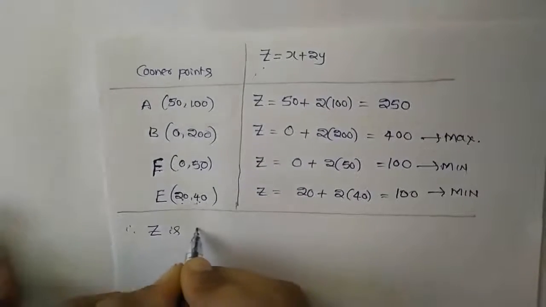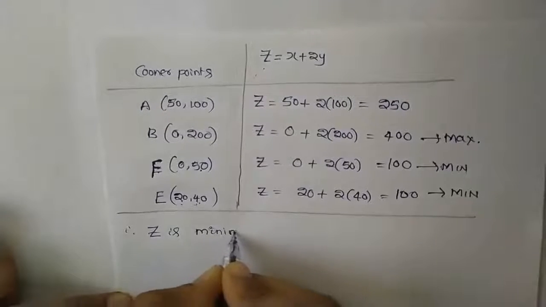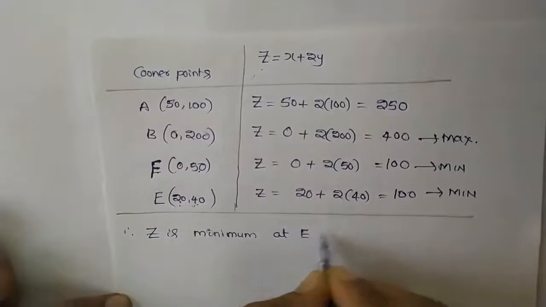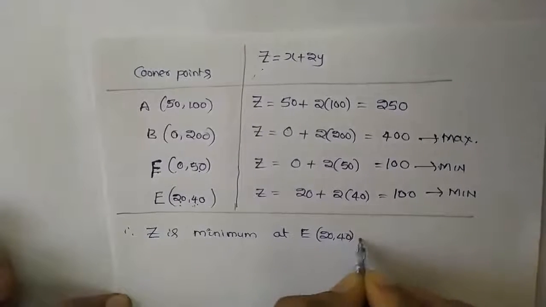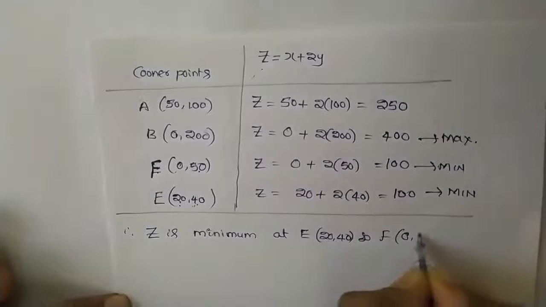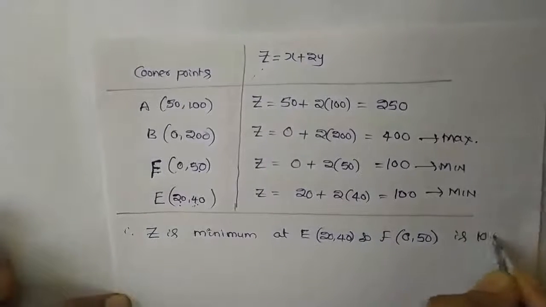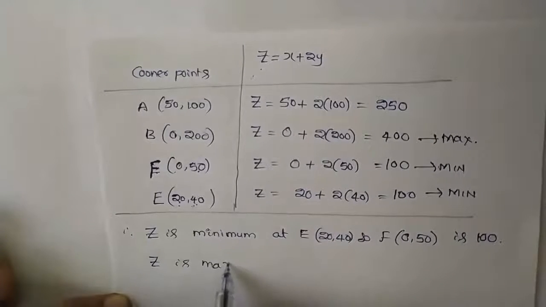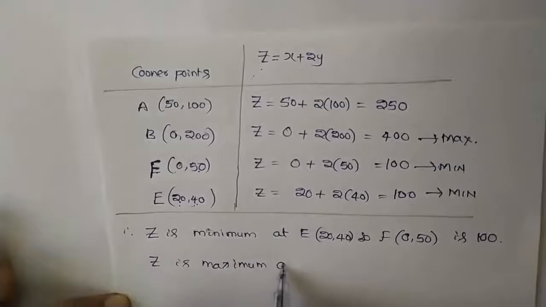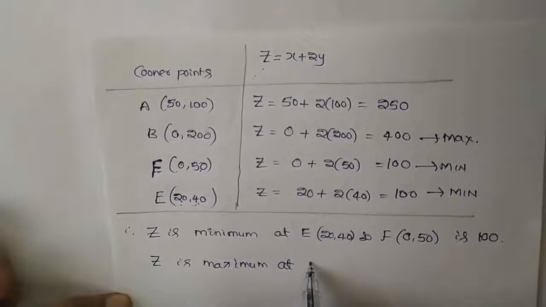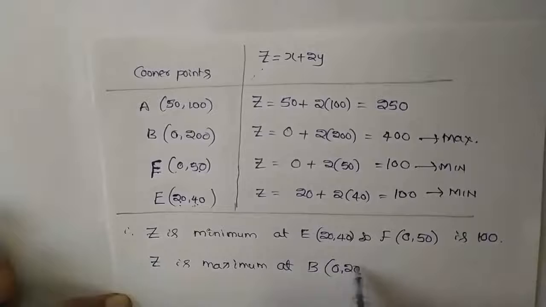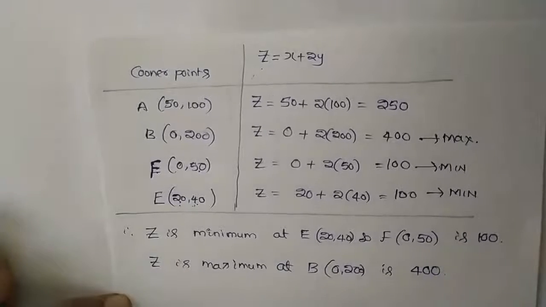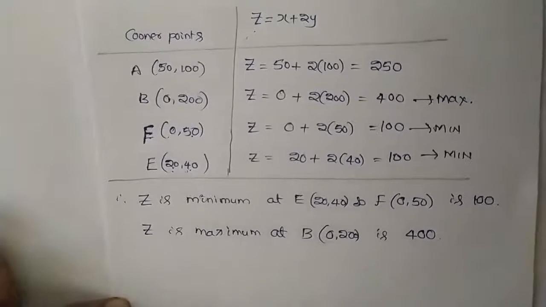Therefore, Z is minimum at the points E (20, 40) and F (0, 50), and the value is 100. Similarly, write maximum. Therefore, Z is maximum at the point B (0, 200), and the value is 400. Hence it is the solution for this question.